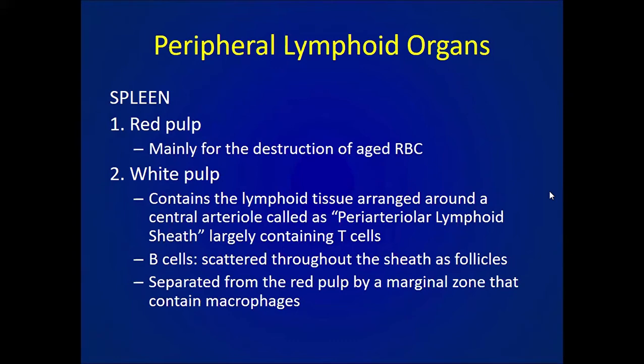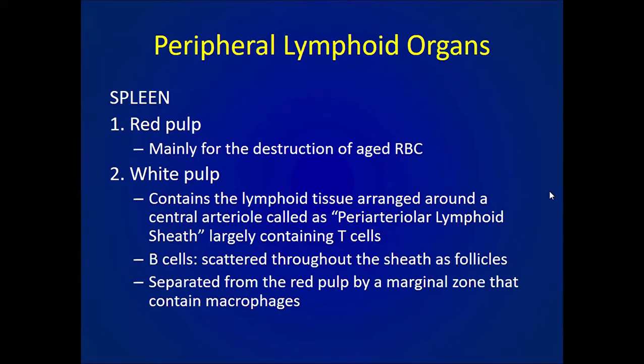The red pulp is mainly used for the destruction of aged or old red blood cells. In cases of hypersplenism, there is a tendency for the spleen to be overactive, and it will cause the sequestration of red blood cells, which is responsible for the anemia in cases of hypersplenism.